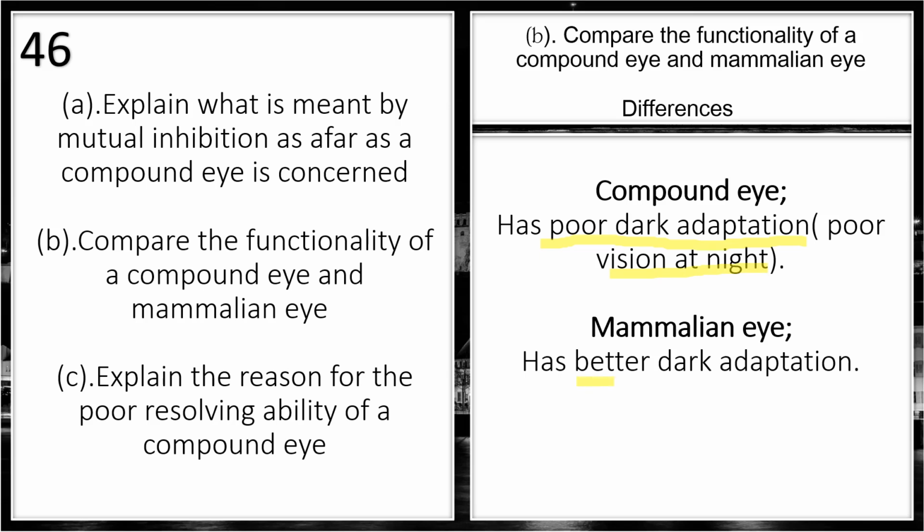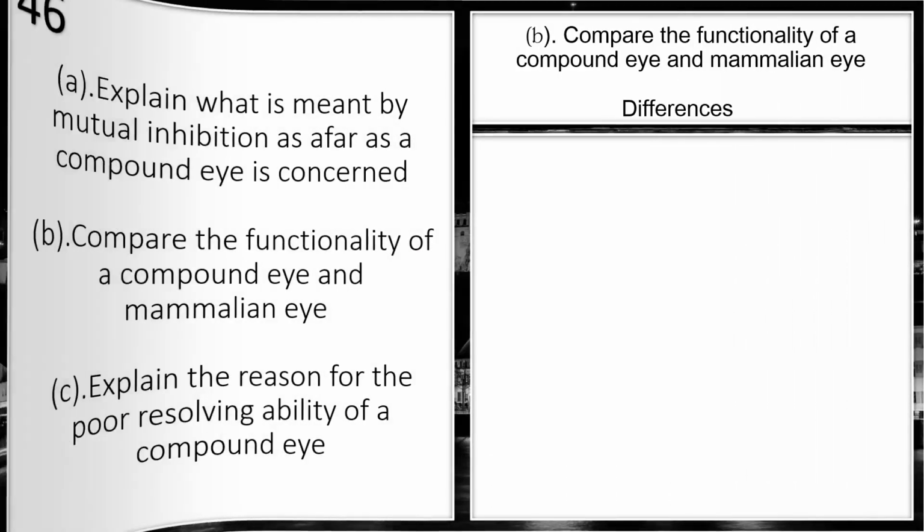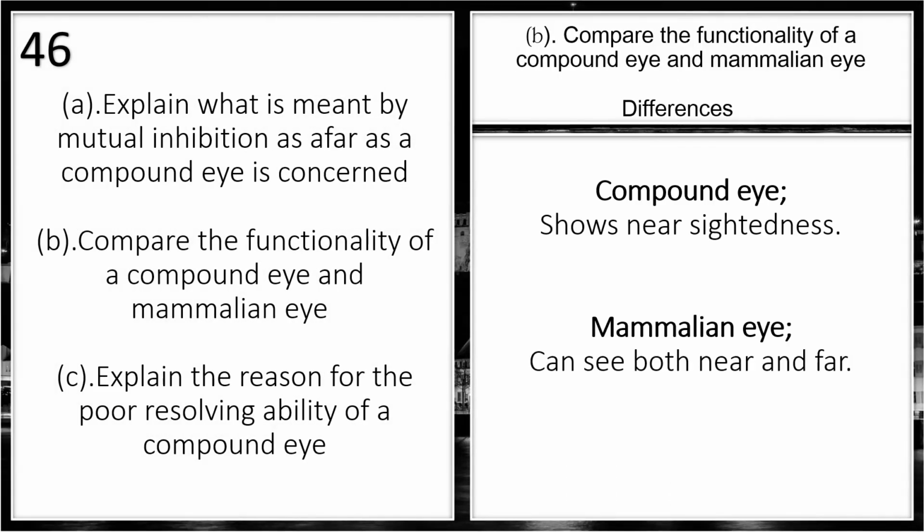Mammalian eye has better dark adaptation. Compound eye shows nearsightedness. Mammalian eye can see both near and far.